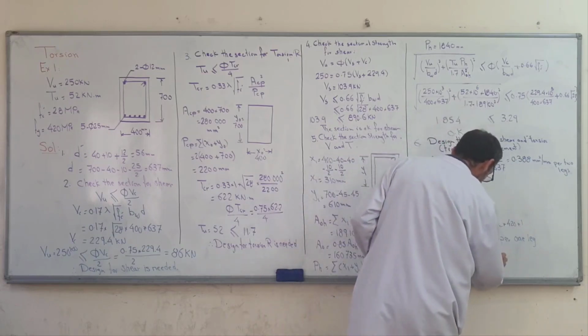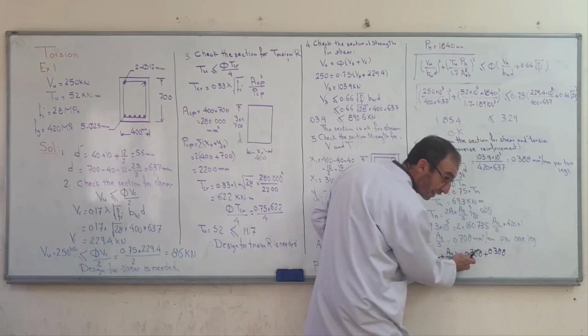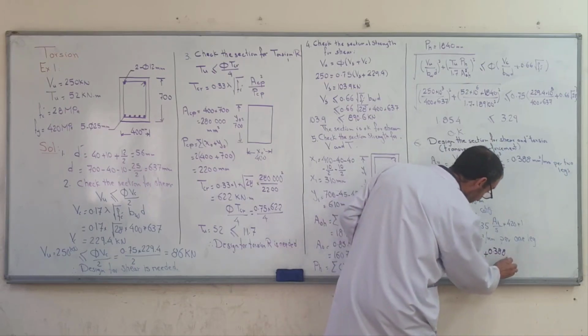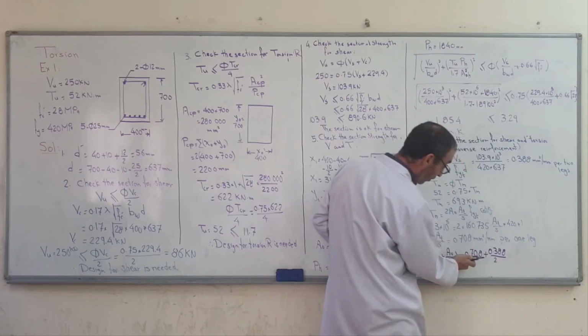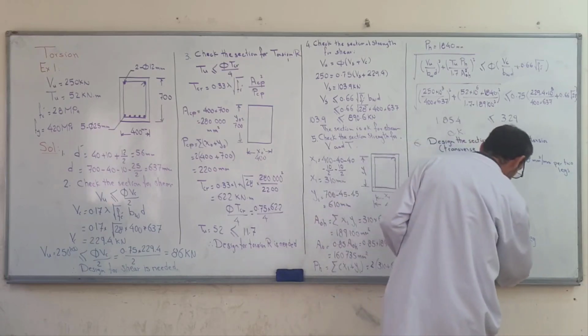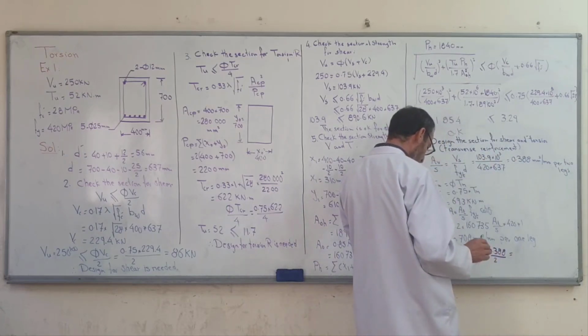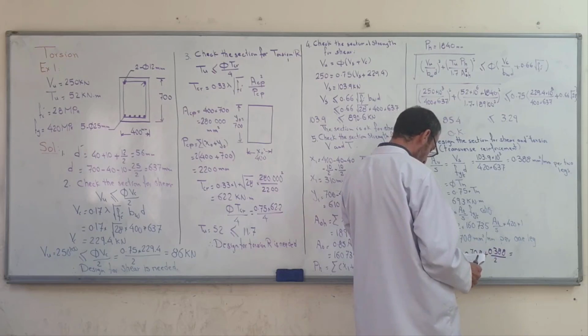This is for two legs, so it must be divided by 2 for one leg. Then we find for shear and torsion at the same time.